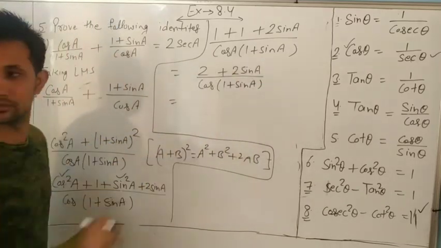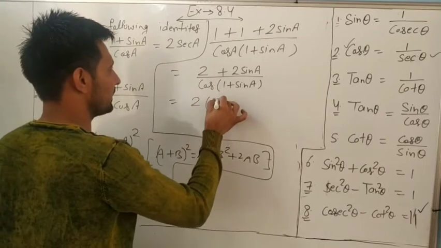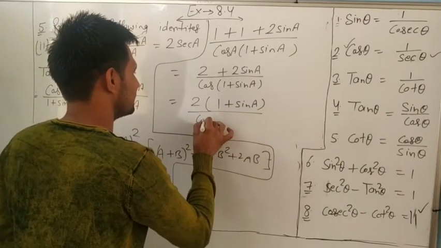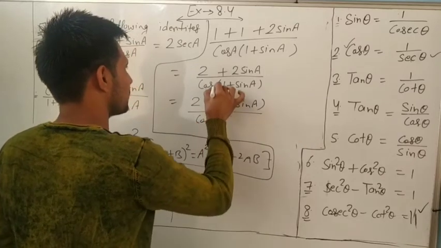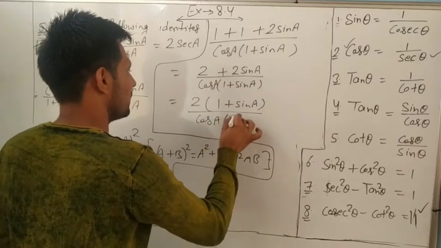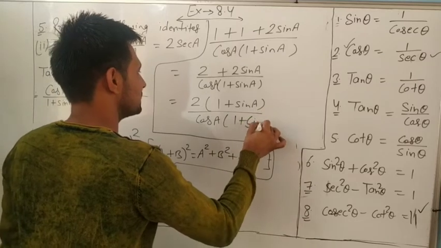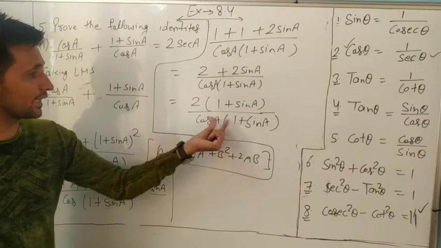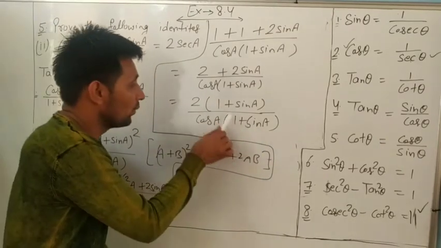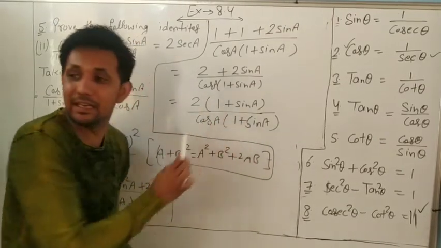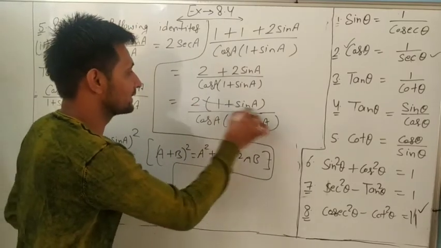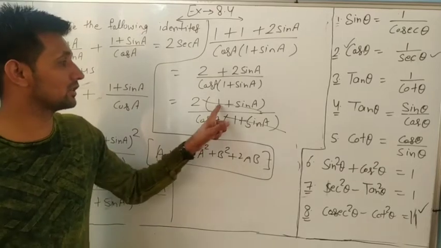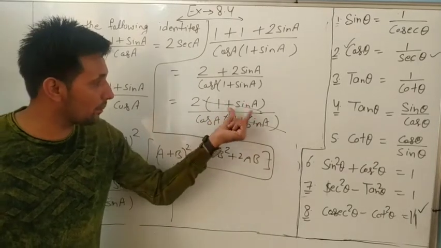What is common? Common is 2. What remains? 1 plus sin A divided by cos A into 1 plus sin A. Both are equal, so you can cancel like this. Don't cancel 1 with 1 and sin with sin; it is the whole term cut by the whole term.